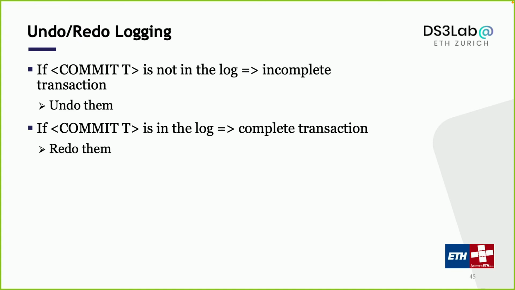Essentially, you test the state of this transaction depending on whether there's a commit record in the log file or not. If there is, you redo. If there's no commit record, you undo. That's the hybrid strategy between undo and redo, giving you more flexibility.